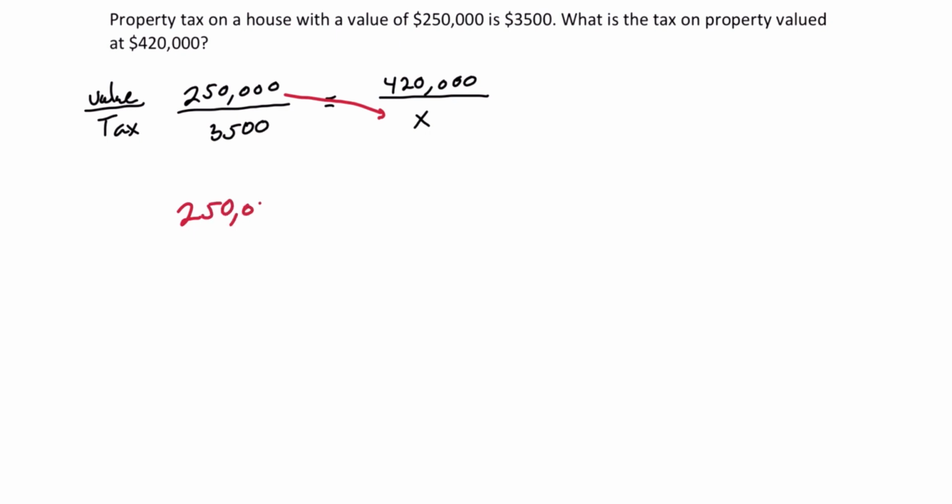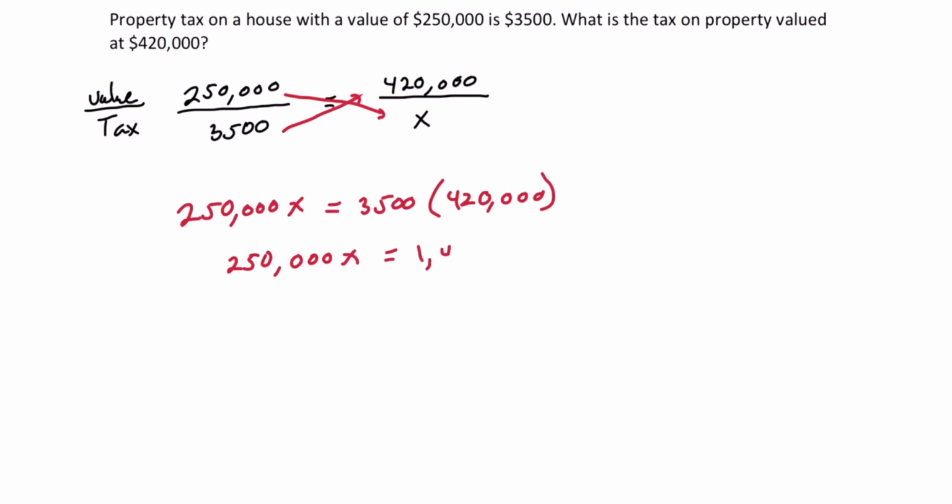250,000 x equals 3,500 times 420,000. Simplifying this, for 250,000 x equals, we get 1,470,000,000.